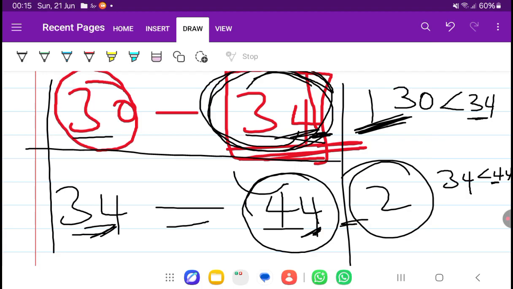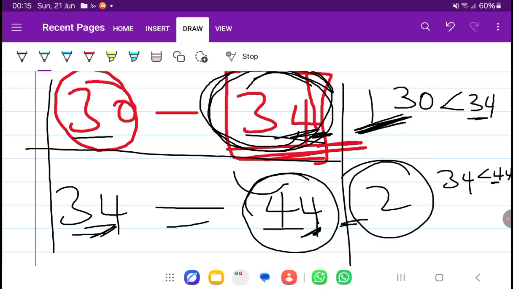But now, the other smallest value that could go in the next class is what we call the upper class limit.